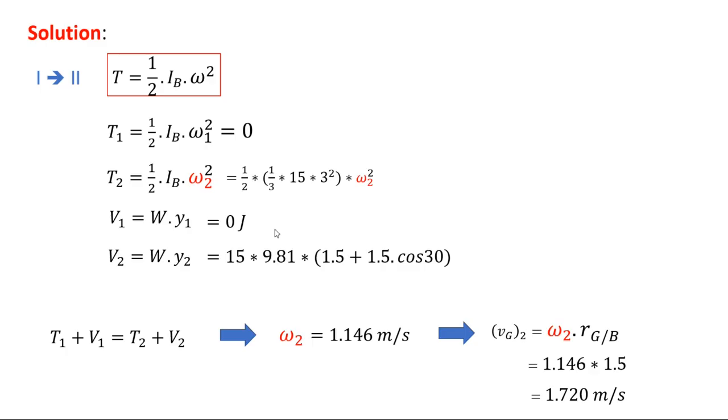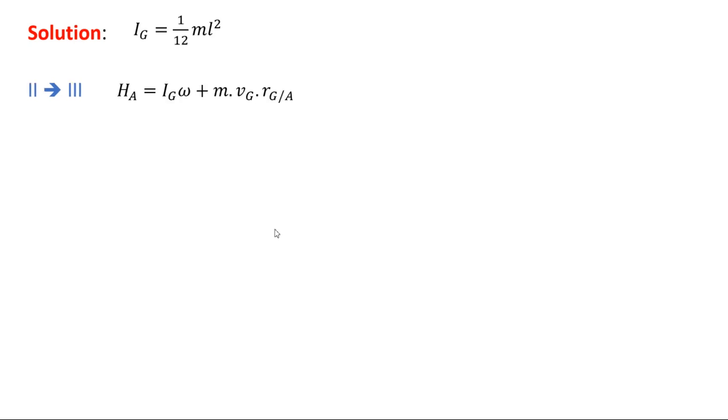Now let's go to the second state, where the bar is going to hit the curve at the point A. In that case, the Ig is going to be 1 over 12 ml square, and the HA equation is the Ig omega plus the mass multiplied by the VG and RGA. So that's the general equation. For state 2 and state 3, we can write down the equation as follows.